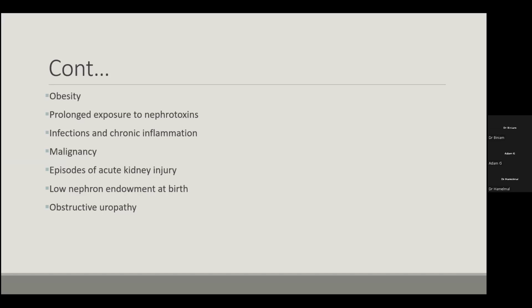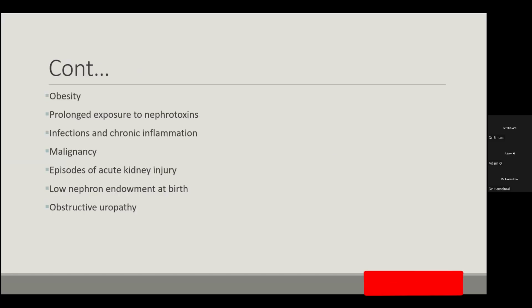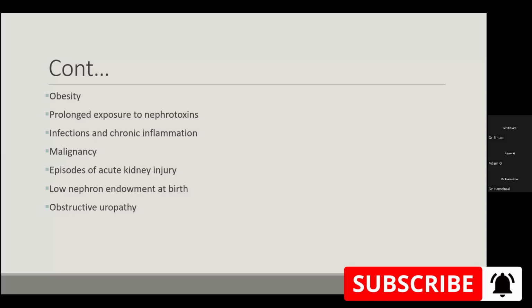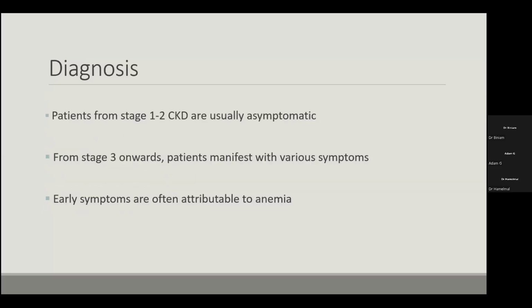Low birth weight individuals, obstructive uropathy, these are some of the causes of, or some of the risk factors for chronic kidney disease. So when we come to the diagnosis of CKD, let's see the approach.